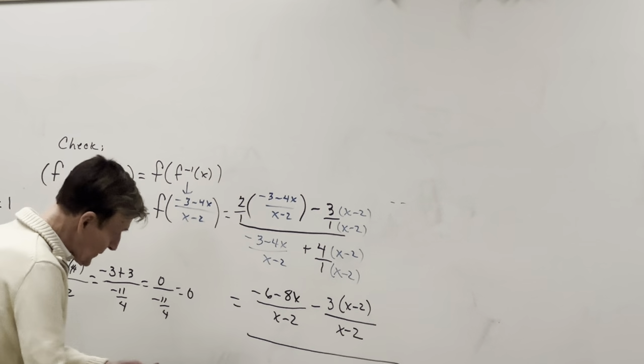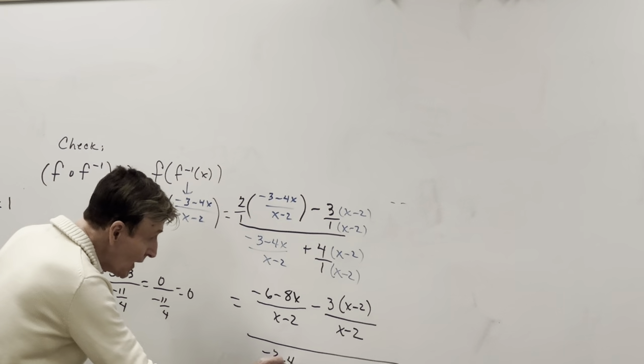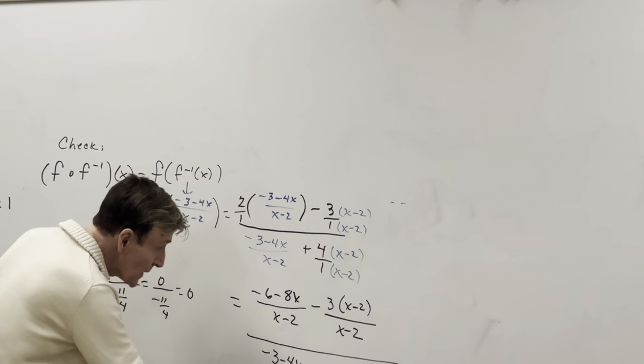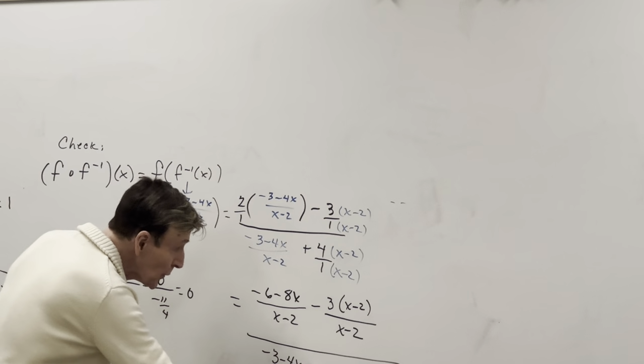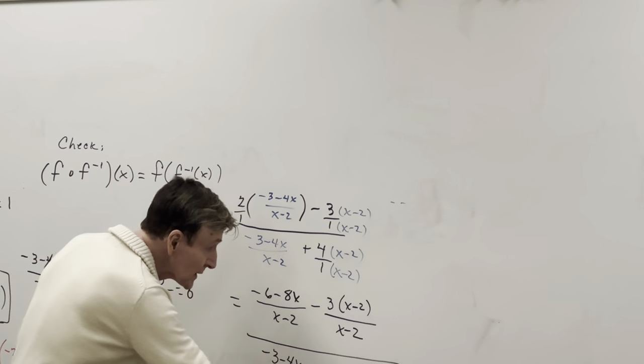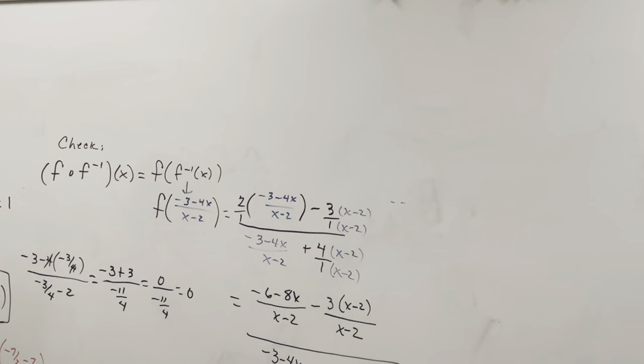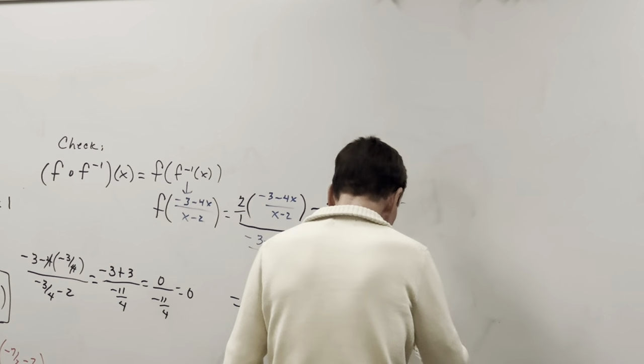This one looks like, at this point, -3 subtract 4x over x subtract 2 plus 4 times x subtract 2, over x subtract 2. Woo! I hope I don't make a mistake here. Keep in mind, all this must come out to x. Let's finish it up.